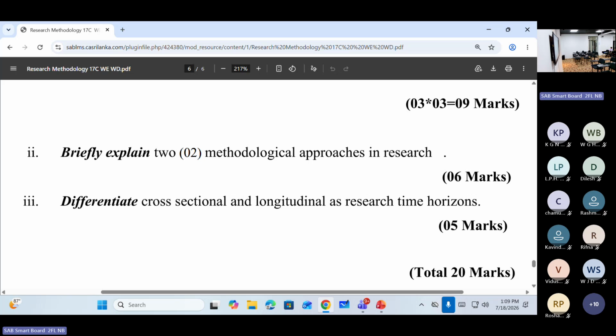Example for the topic. Example for the cross-sectional research topic. Very good. Measuring customer satisfaction of a company during a particular month. That is the month of January. Right? Month of January.